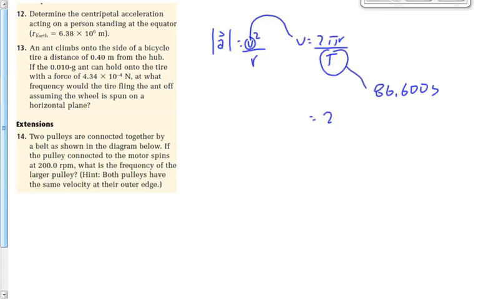So 2 times pi times, big number here, 6.38 times 10 to the 6, divided by 86,600. Figure that out.